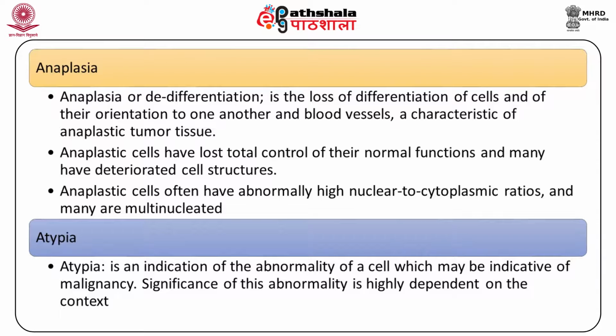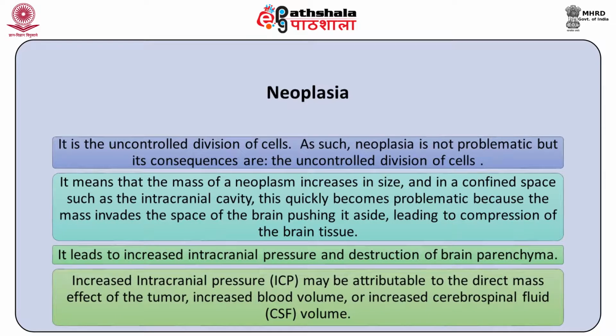Atypia. Atypia is an indication of abnormality of a cell which may be indicative of malignancy. The significance of this abnormality is highly dependent on the context. 3. Neoplasia. It is uncontrolled division of cells.